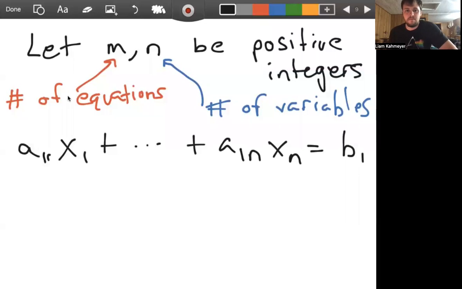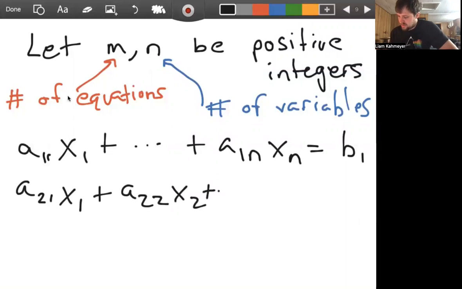We'll call it b1, right? And then for the second equation, we would have a21 x1 plus a22 x2 plus all the way to a2n xn, and this equals b2.